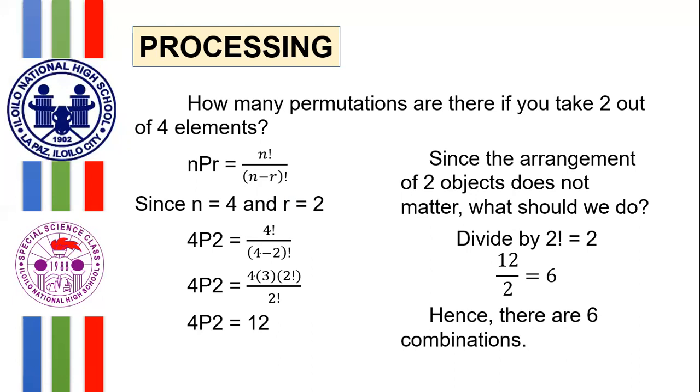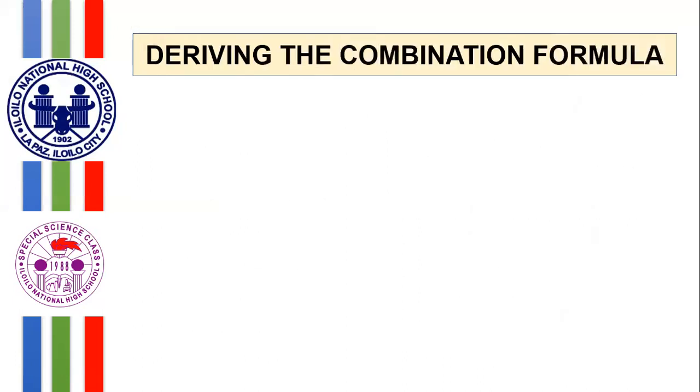So you see, in this case, using analysis, we were still able to come up with 6 combinations without actually listing all of them. And what's more important is that we could actually now derive the formula to determine the total number of combinations without listing them.